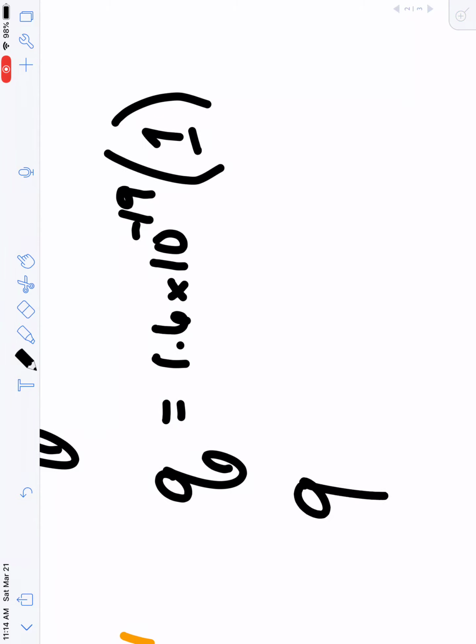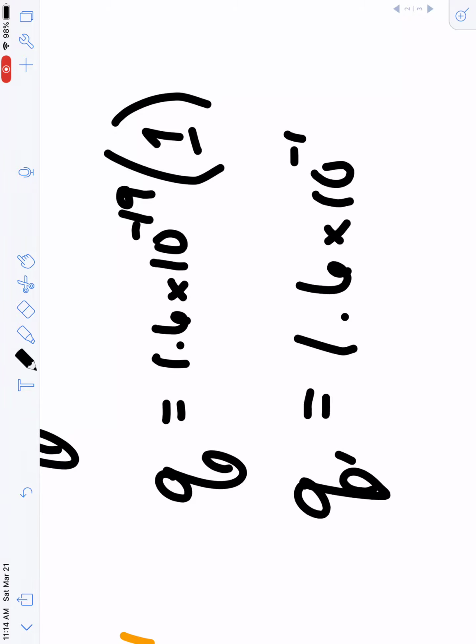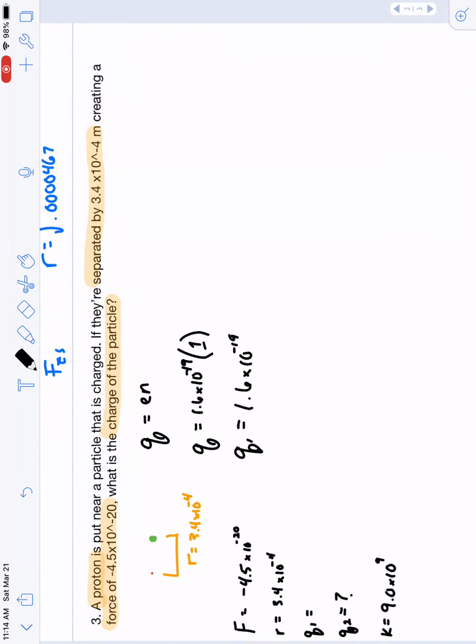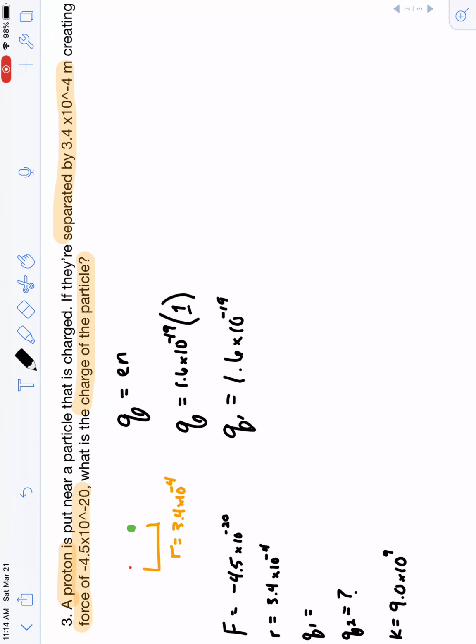So Q1 is 1.6 times 10 to the negative 19th power. Ta-da! That's our Q1. Again, it's the charge of a single proton, and it's positive because a proton is a positive charge. Now, we are looking for Q2.